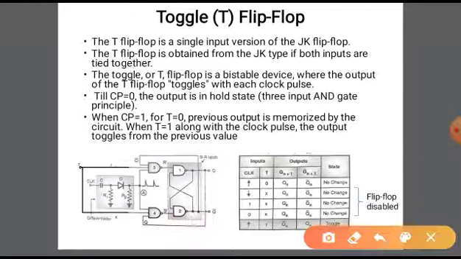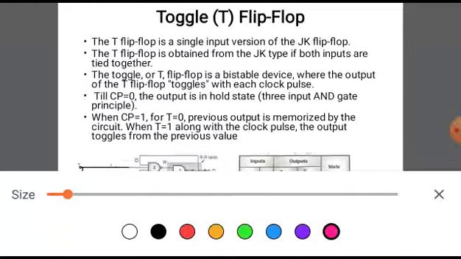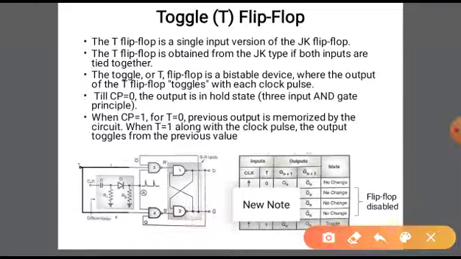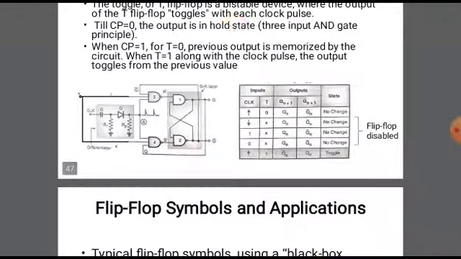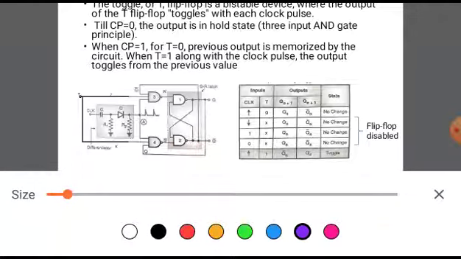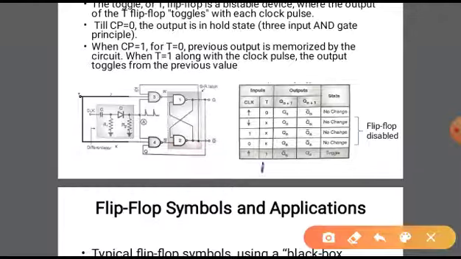So this condition shows two columns: 0 input, Qn bar, and 1 input, then Qn, that is toggling.